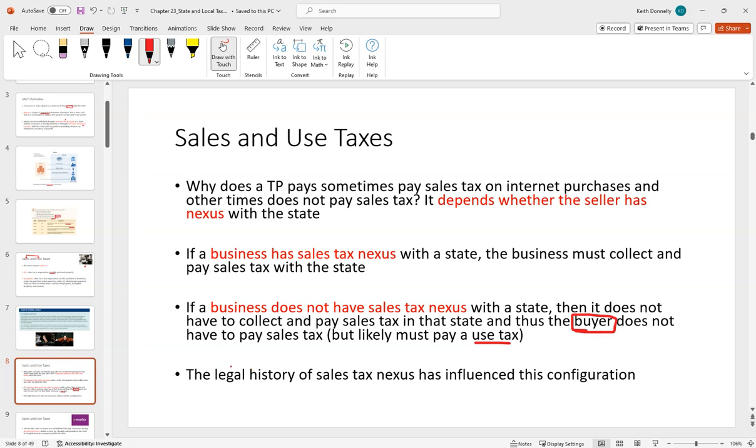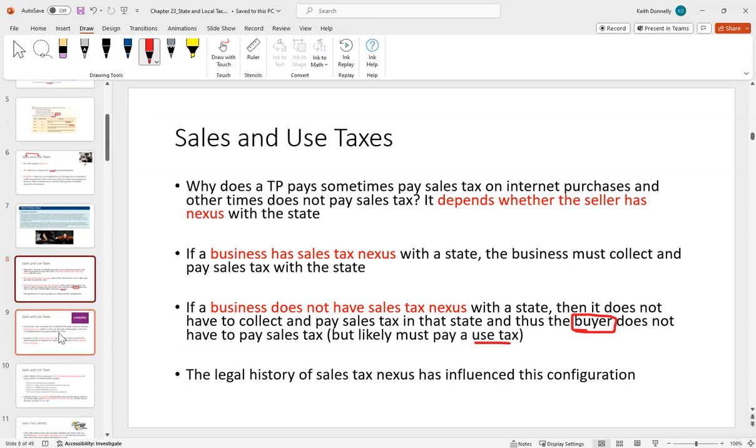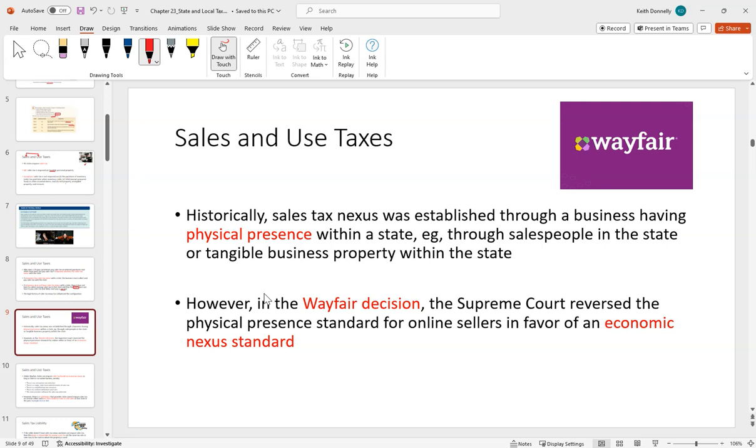If there's going to be sales tax, there needs to be sales tax nexus. Right, so historically, nexus was established through a physical presence standard, right? This is still good, right? In other words, you can still establish nexus through physical presence. It's one route, there you go. You can get it through physical presence.